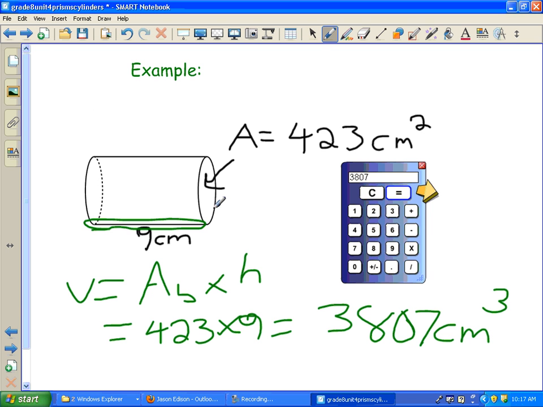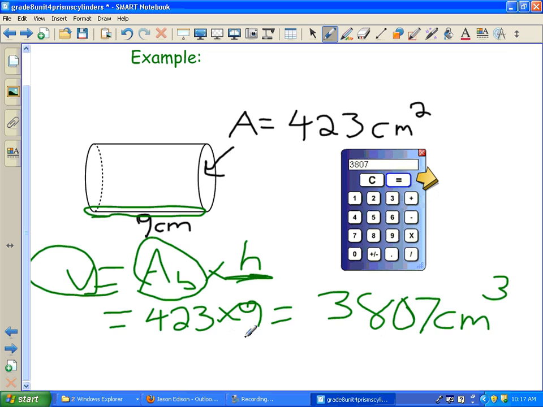The only thing that could make this any more difficult is if maybe you were given the volume and the area of the base, so you're given these two things, and you're not given the height, and you're asked to solve for the height.